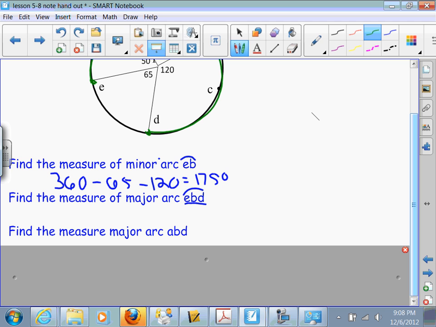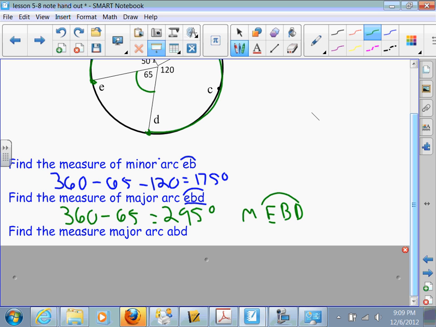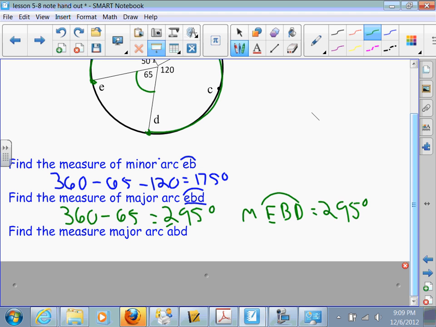Absolutely, because I know that the rest of it is 65 degrees. So I take 360 minus 65, and that gives me 295 degrees. So the measurement of major arc EBD, arc symbol, is equal to 295 degrees. And if I want to find the measure of major arc ABD, let's take a look at where it is.